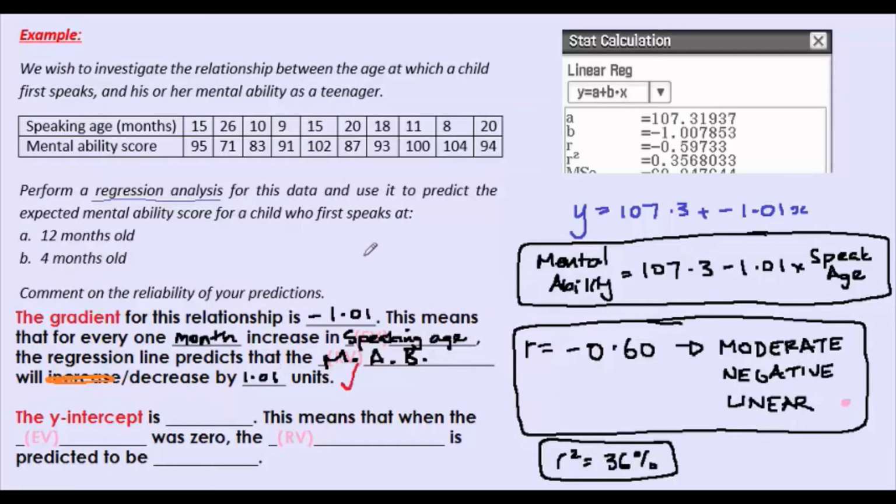The next thing is my Y-intercept. Now my Y-intercept, which is here, 107.3.